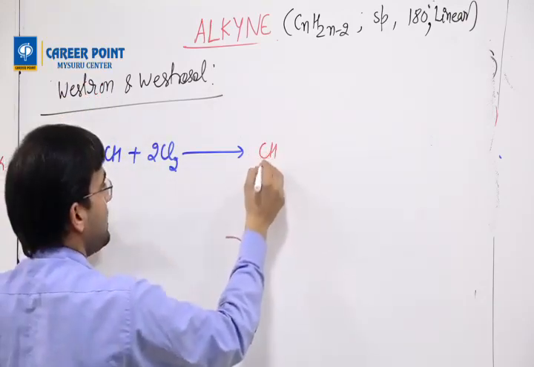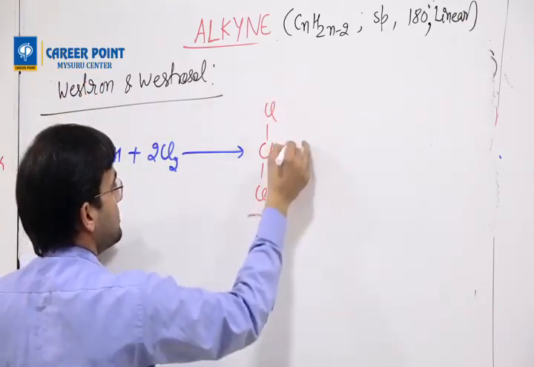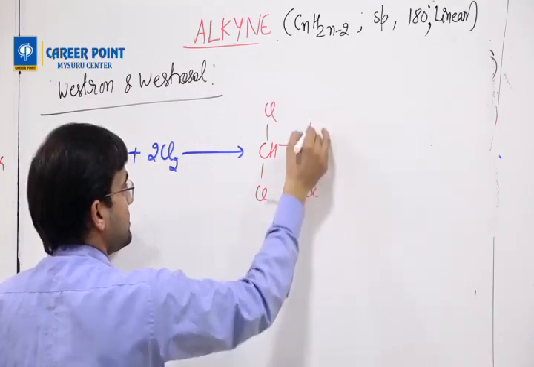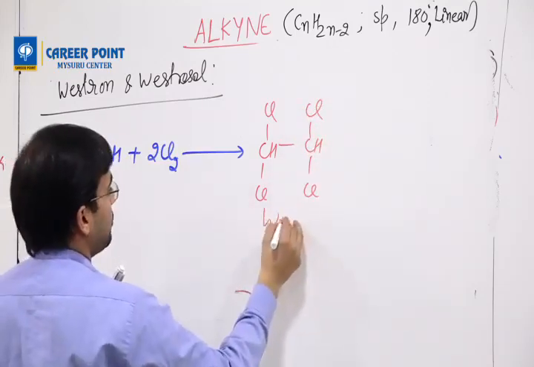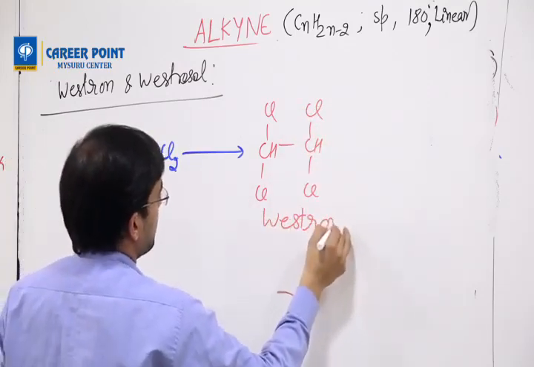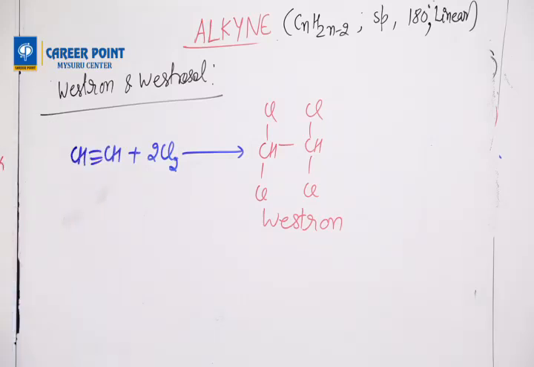So we'll get CHCl2-CHCl2. This is known as Westron.